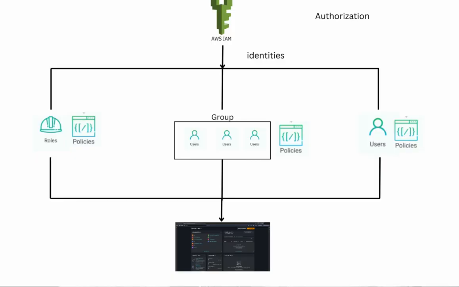AWS IAM is based on identities. AWS IAM has different types of identities. We have user identities, we have groups, and then we have IAM roles. An IAM user is basically a human identity, like you and I, that we create an account for by providing the user's name and the level of access that the user should have in our account.